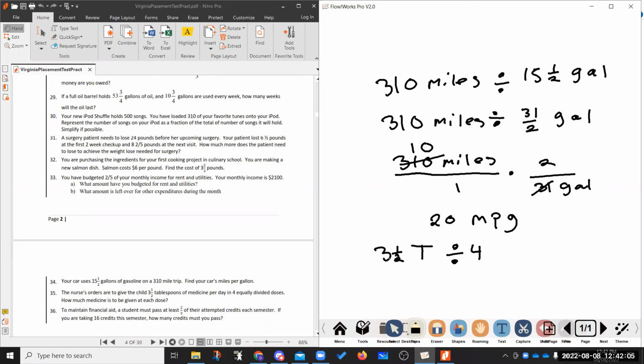So this is going to be 6 plus 1 is 7 halves times 1/4 is going to give me 7/8 of a tablespoon per dose. Okay.